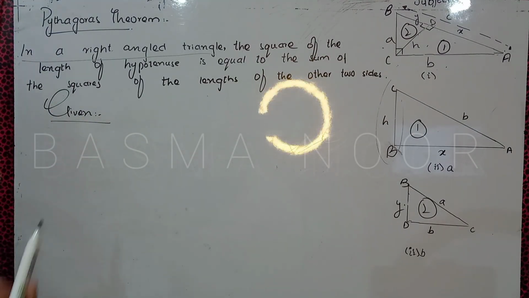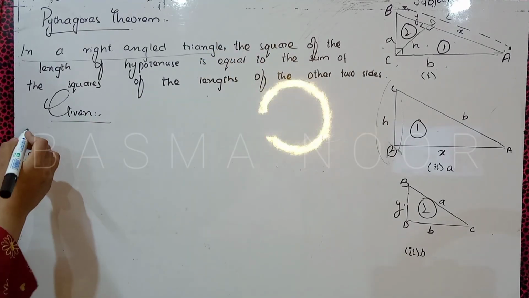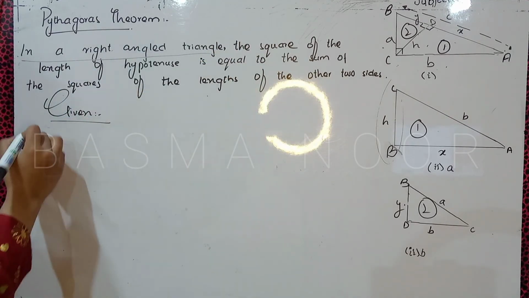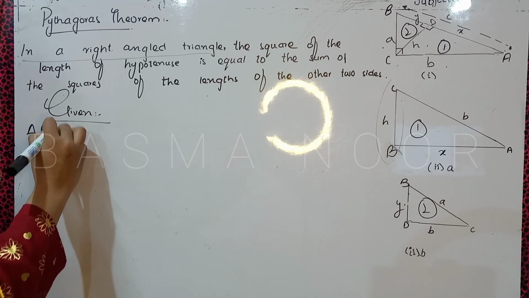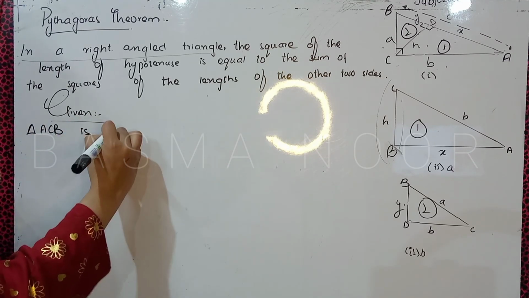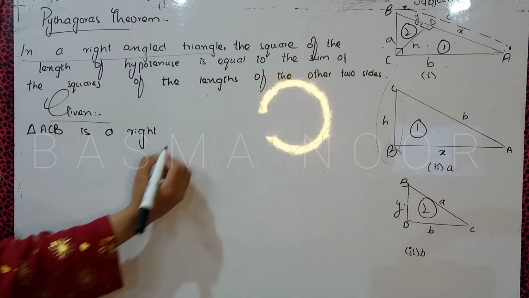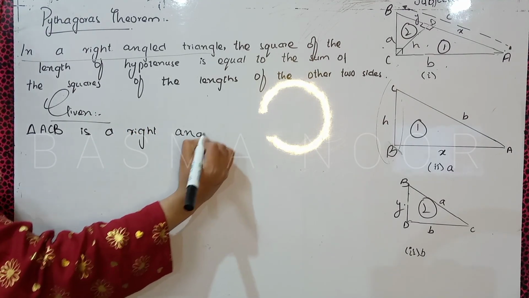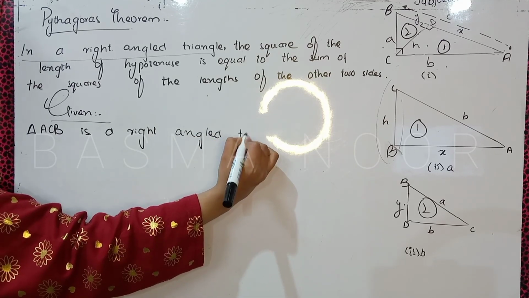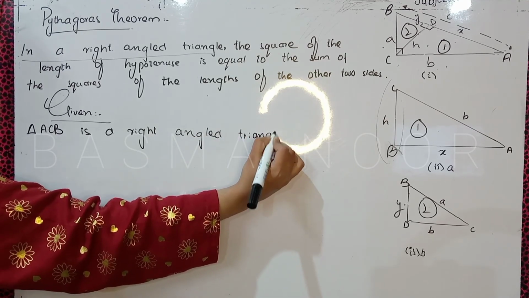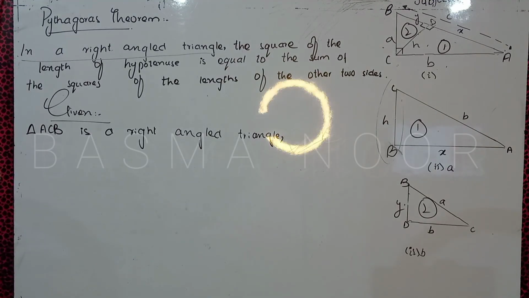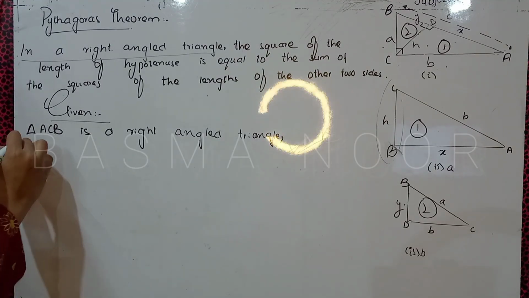So we're only gonna focus on this given. ACB is a right angled triangle in which measurement C is equal to 90 degrees.